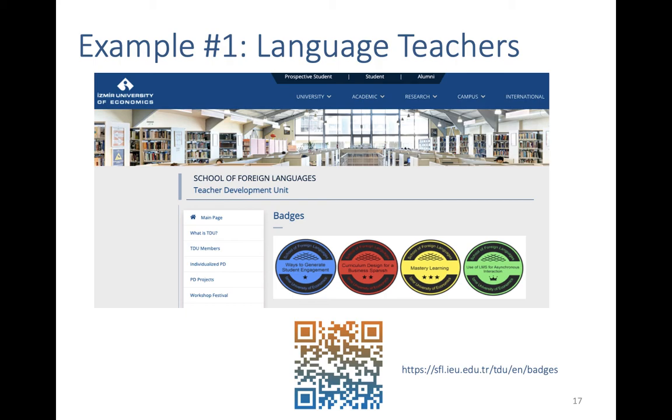If you go to the QR code on your screen, you would be able to learn much more about our badging system within the Teacher Development Unit, and you can see some samples of open badges, because you can click on them and see a little bit of the metadata. It's not extremely rich. We just got it off the ground this year. It will be richer as we spend more time developing this system, but it gives you a sense of what it is and what it looks like.